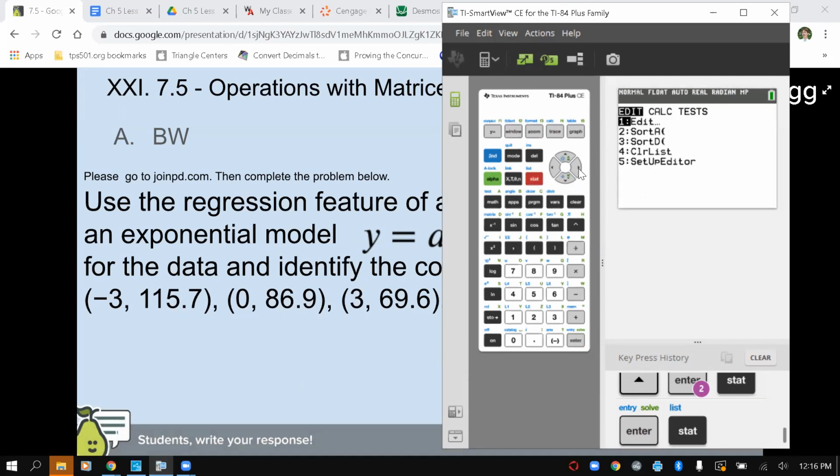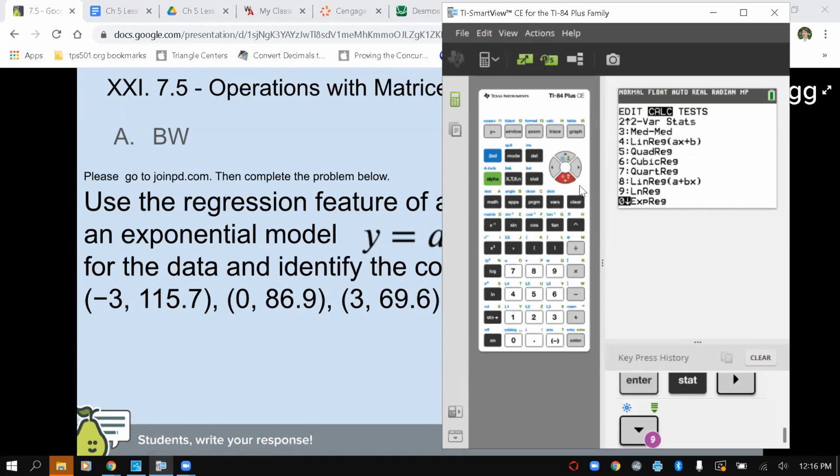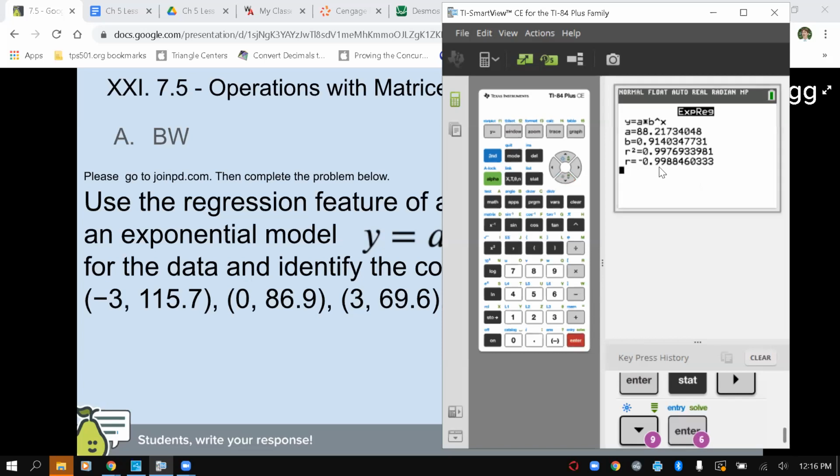Go right to the Calc tab, and then you're going to need to scroll down. It's option 0, exponential regression. Enter, enter, enter, enter, enter, enter, and there you go.